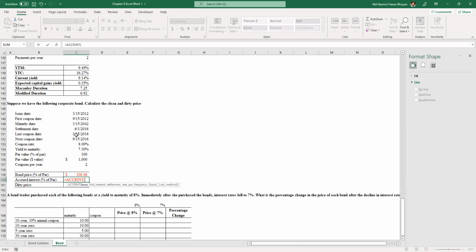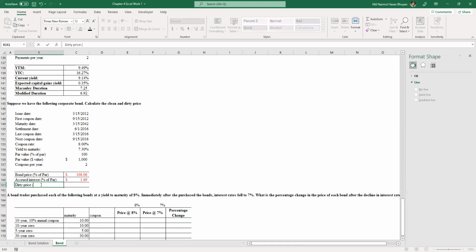Our last coupon date is this, and our next coupon date is our first interest date. Then the settlement date when we purchase the bond, then the coupon rate, the par value, and the frequency. All right. So now we know our accrued interest is 1.69 as a percentage of par.